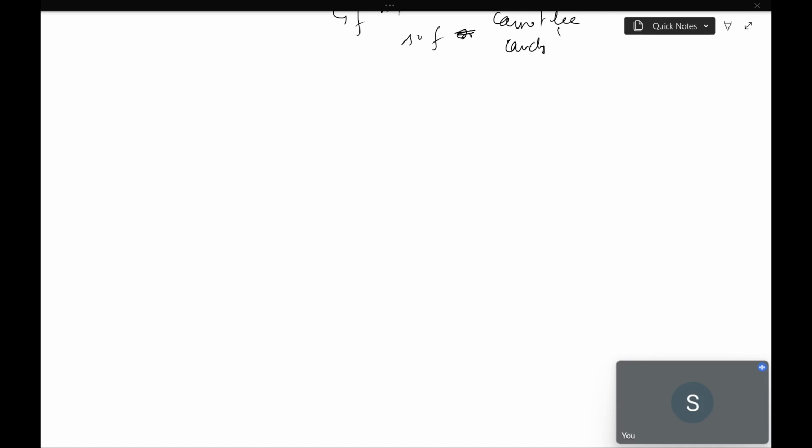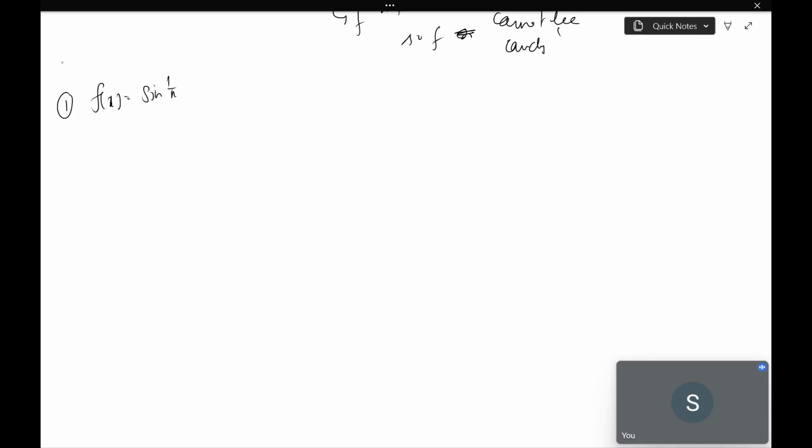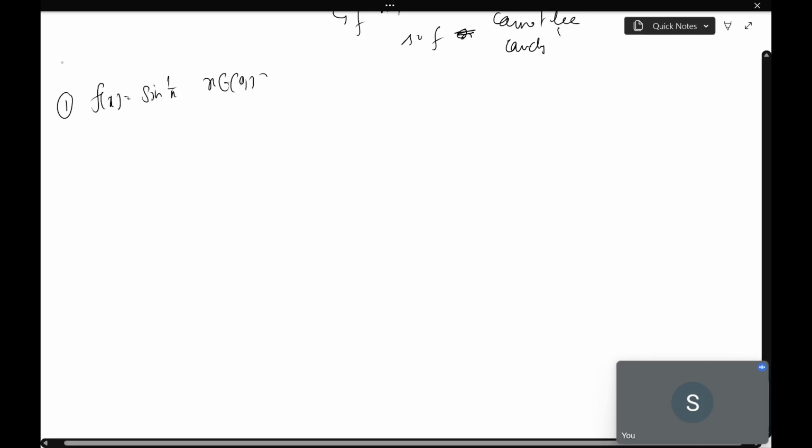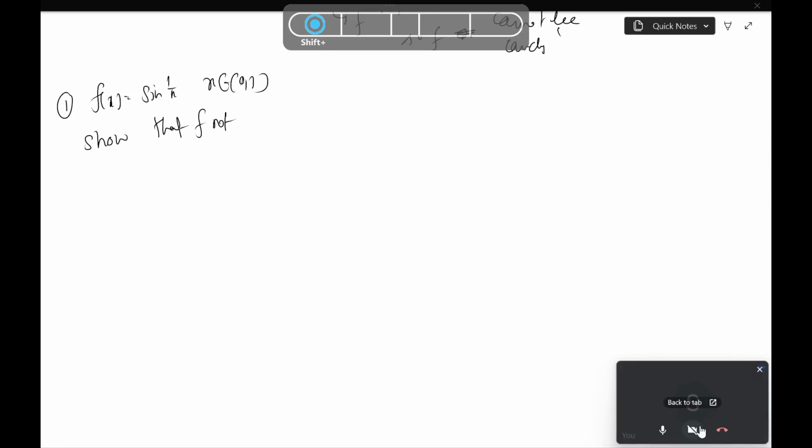So the first example that we shall consider is the function f(x) equal to sin(1/x), x belonging to the open interval (0,1). Show that f is not uniformly continuous. One second, let me open my webcam. I hope the internet has come back.